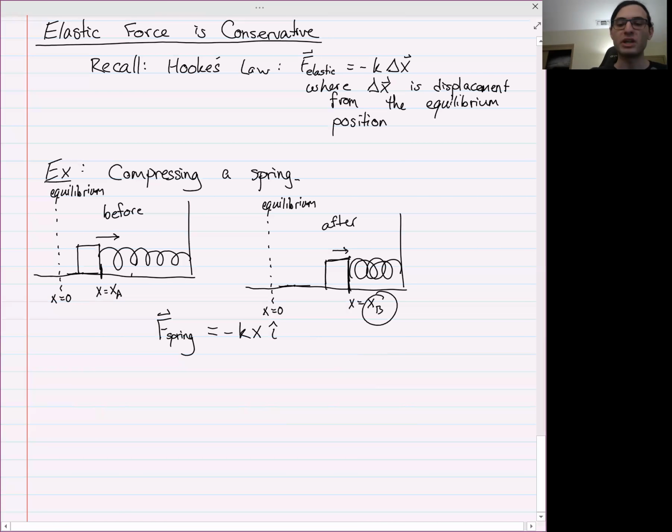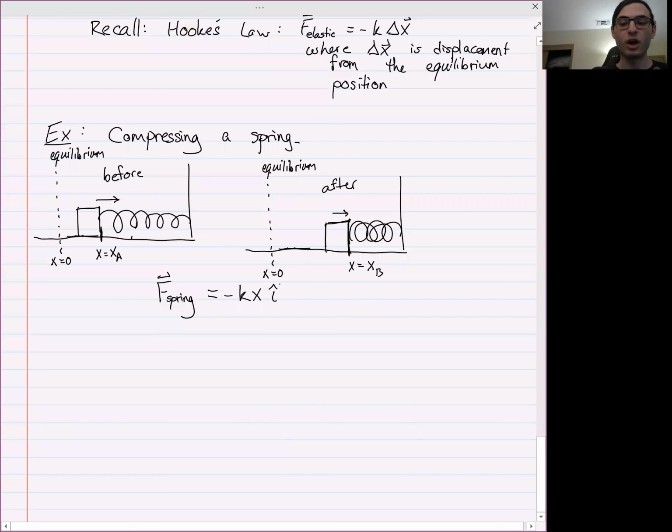So because xb is larger than xa, when you plug that in for x, you'll get a larger force to the left. So this is a good way of writing the force for a spring. It's not always this. It's just negative k times the displacement vector. In this case, though, our origin is at x equals 0, and the displacement vector is always along the x-axis. So the displacement is just x in the i hat direction.